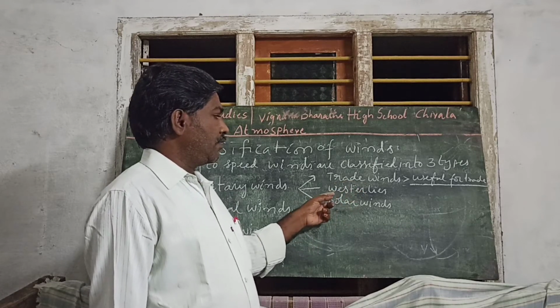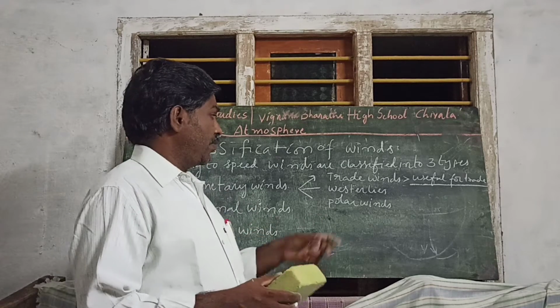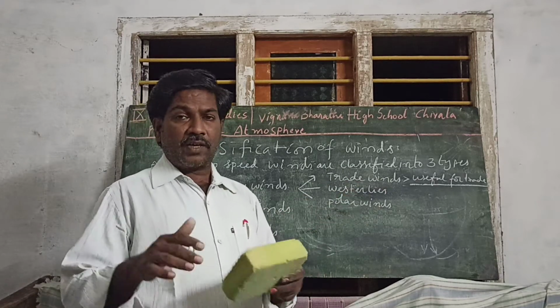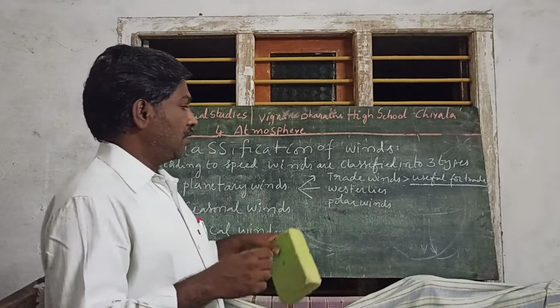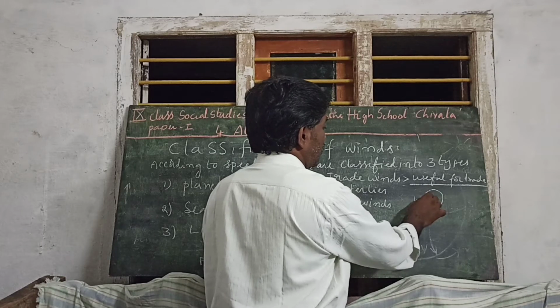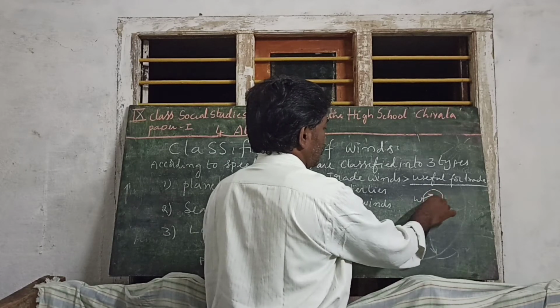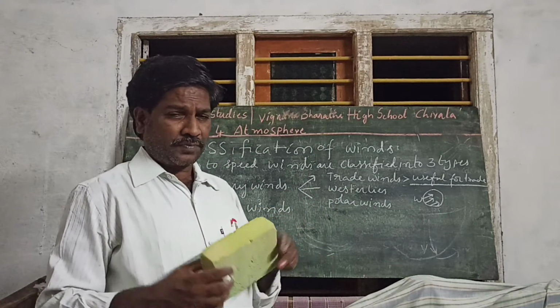And next one, westerlies. Winds blowing from the west side to the east side are called westerlies. What is known as westerlies?